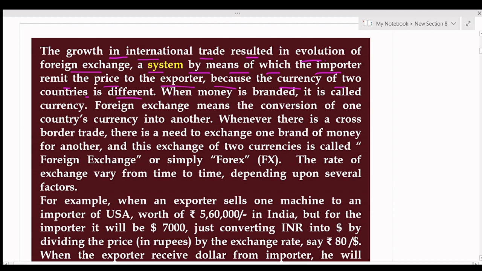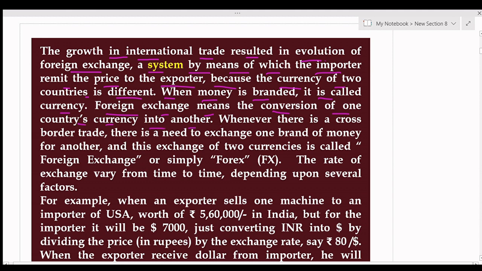The country's monetary system is based on dollar. Now, when money is branded, it is called currency. Foreign exchange means the conversion of one country's currency into another.